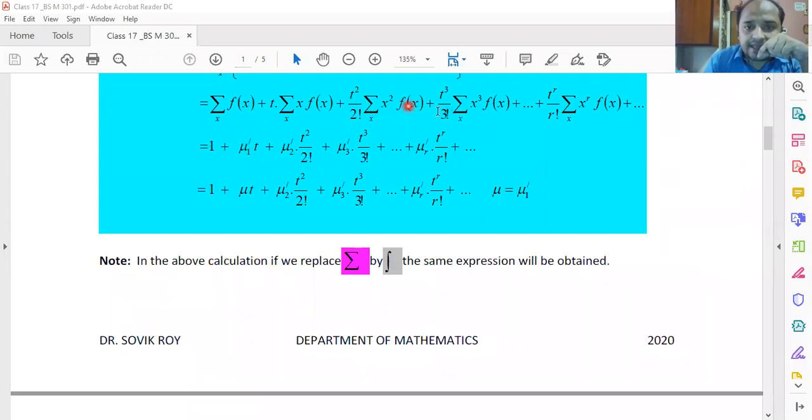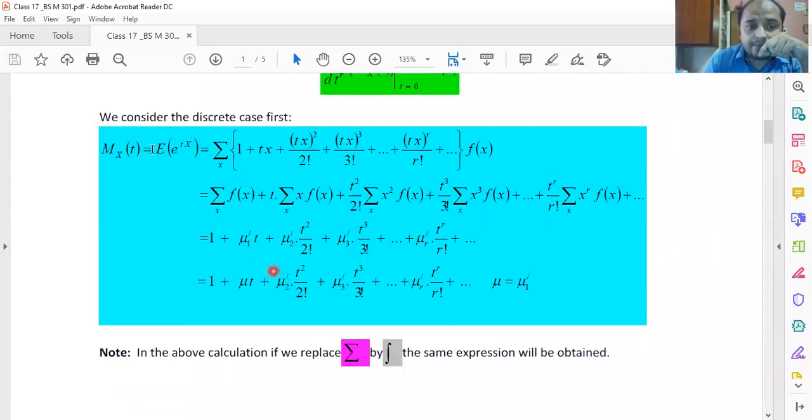The entire calculation shown over here can be repeated if I replace capital X, which is discrete, by a capital X which is continuous. Then everything will remain the same. Everything which is in front of you on the screen will remain the same, but all the summations will be replaced by integration, and so the ultimate result will remain the same.